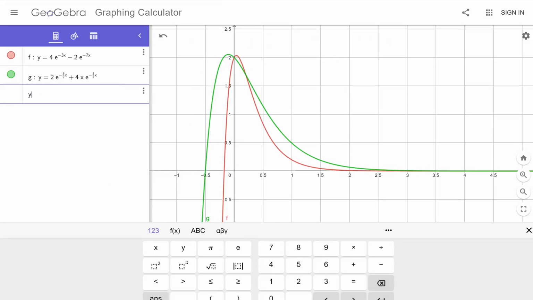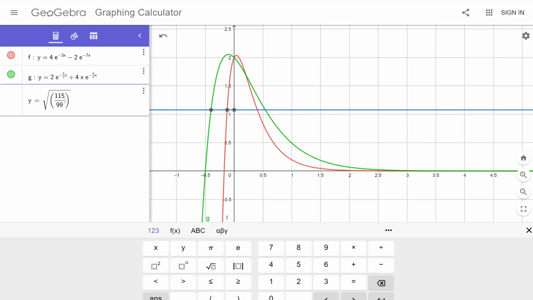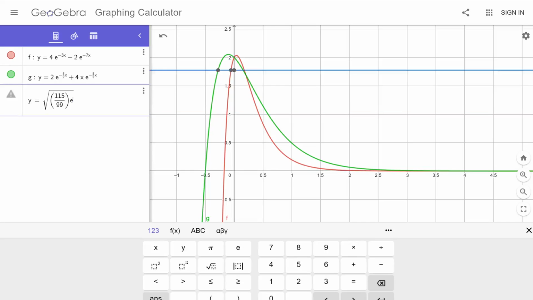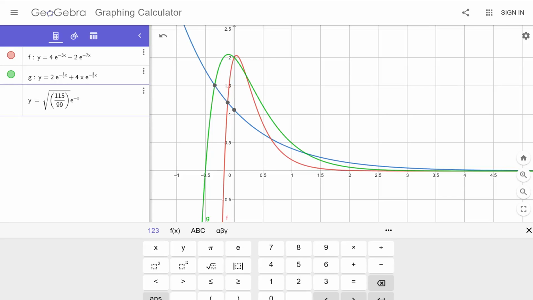So this is y equals the square root of 115 over 99, and then we have e to the -t outside of the square root, e to the -x. Okay, that's how you can plot it.